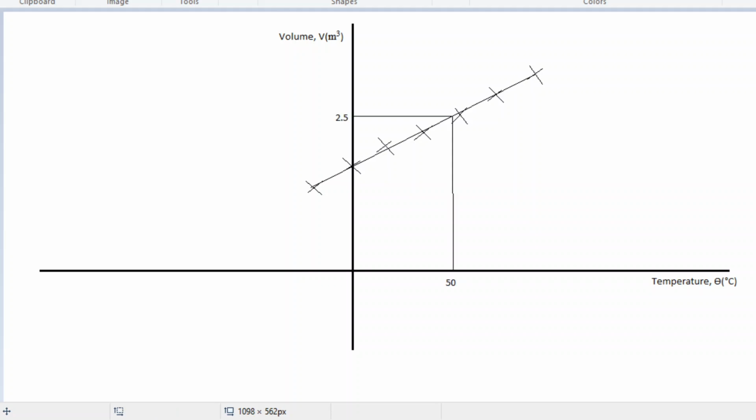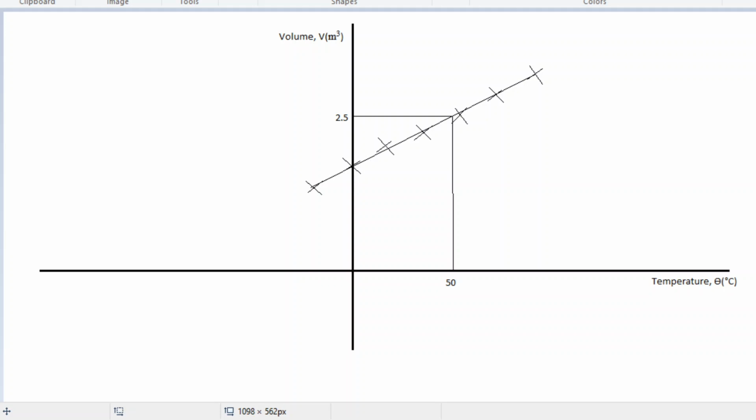So let's say, for example, if you wanted to know what the volume of the gas would be when the temperature was 50 degrees Celsius, you would mark a vertical line from 50 degrees on the temperature axis, which is your horizontal axis, all the way up till you meet your line of best fit, and then you make a horizontal line over to the vertical axis and you read off that corresponding value.